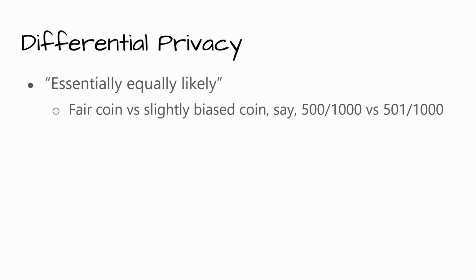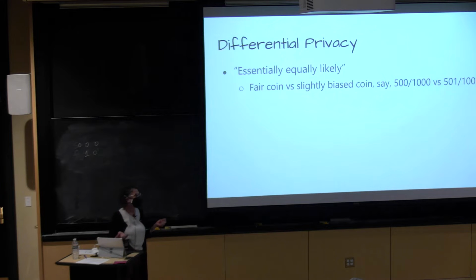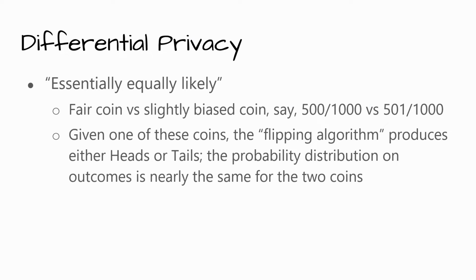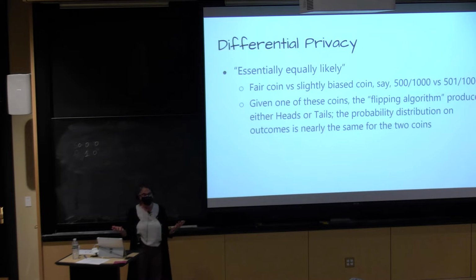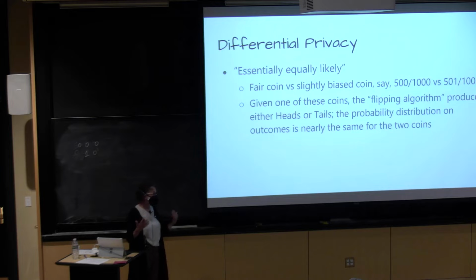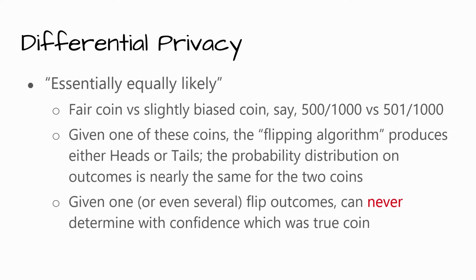Just to drive the point home a little bit more, suppose I have two coins. I have a fair coin and I have a slightly biased coin. If I'm given one of these coins, the flipping algorithm is going to produce either heads or tails. And the probability distribution on the outcomes is nearly identical for the two different coins.